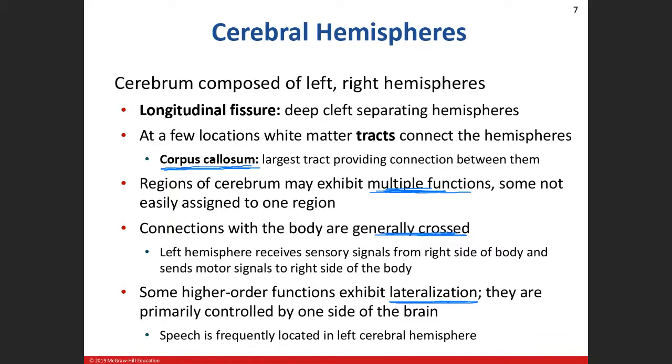There's other functions that these areas use, but that's what we're talking about. So this example, speech, left cerebral hemisphere. Both the actual motor aspect of it and the sensory aspect of understanding and comprehending what I'm saying, that's going to be left side.